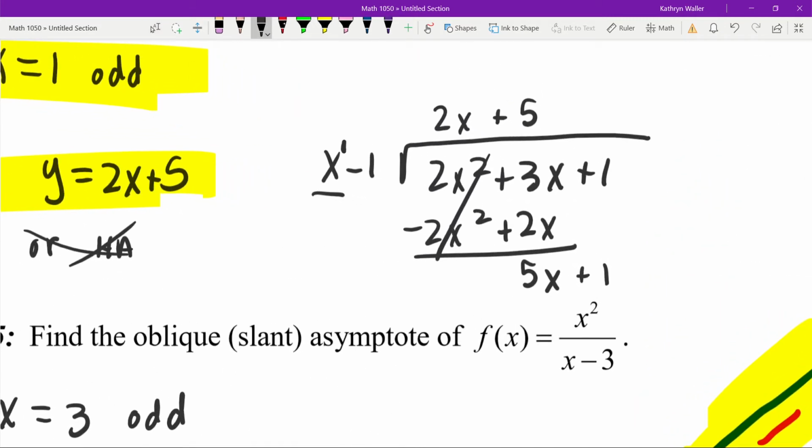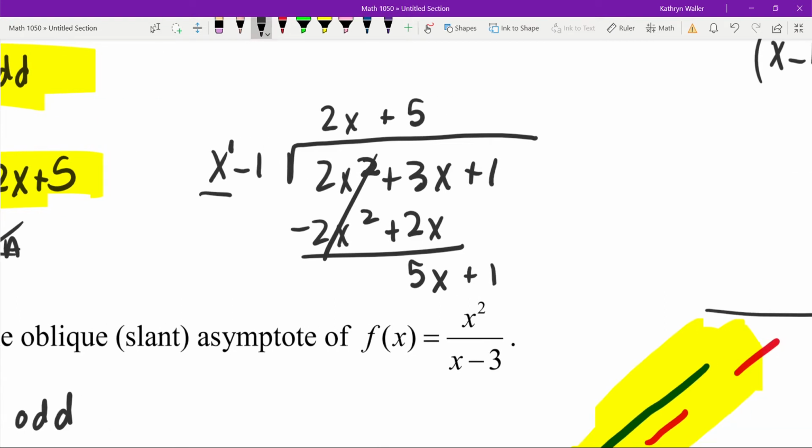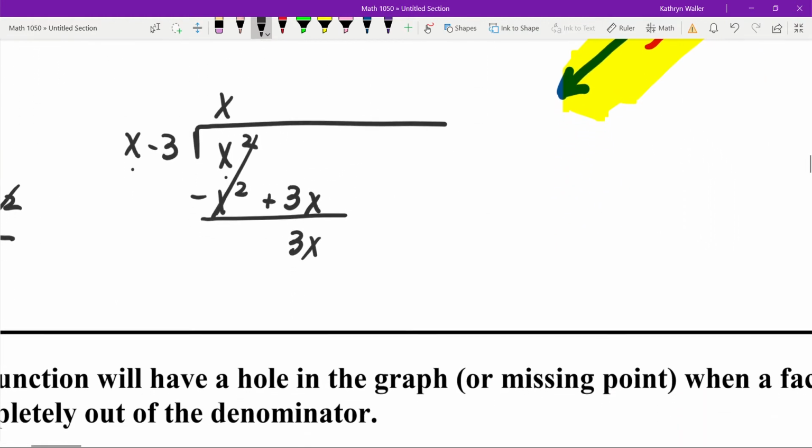See how you have an x to the first out there? You have to have an x to the first and a constant, which I do. On the inside, my biggest is a 2, so I have to have a 2 and a 1 and a constant, which I do, so I'm good. Look at this one. Outside, I have an x and a constant, so I'm good.